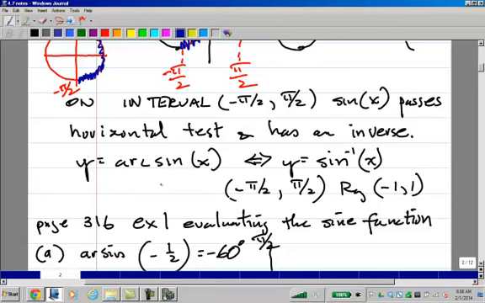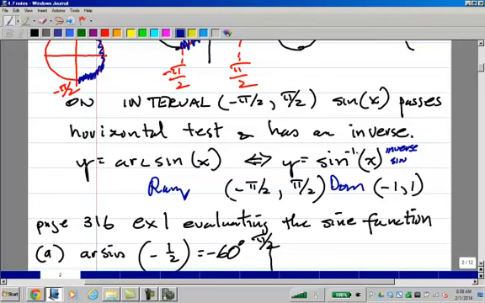The range here is, and the domain is negative 1, comma 1. This is the arcsine, and this is pronounced inverse sine. They mean the same thing, and this is symbolized by sin and then a superscript negative 1, the negative 1 standing for the inverse.